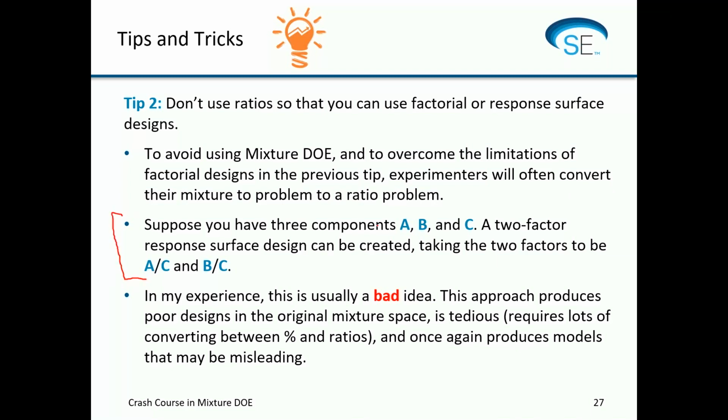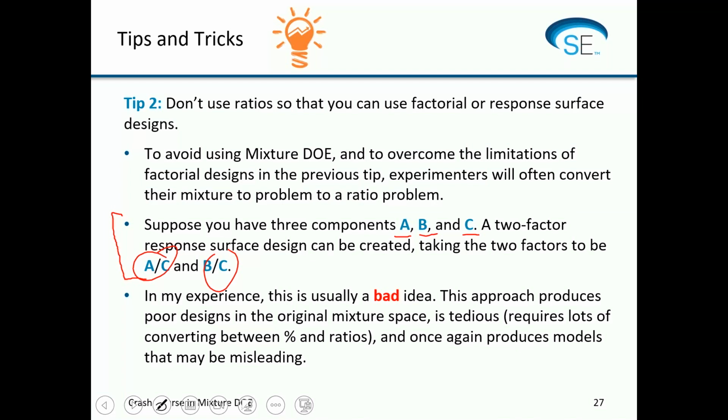Let's say you have 3 components, A, B, and C. What I've seen people do is take 2 ratios: the ratio of A to C and the ratio of B to C. Now I have 2 ratios that don't have a fixed total anymore, and I could use a central composite design here.